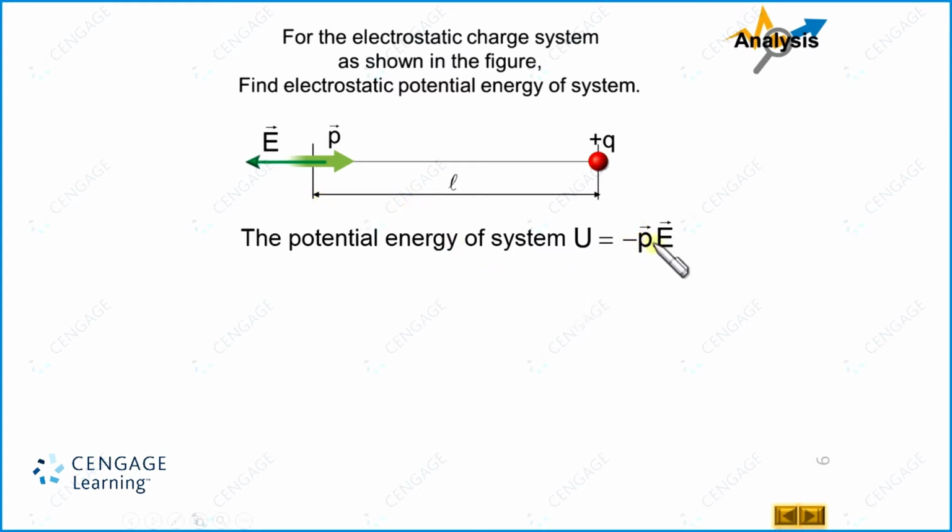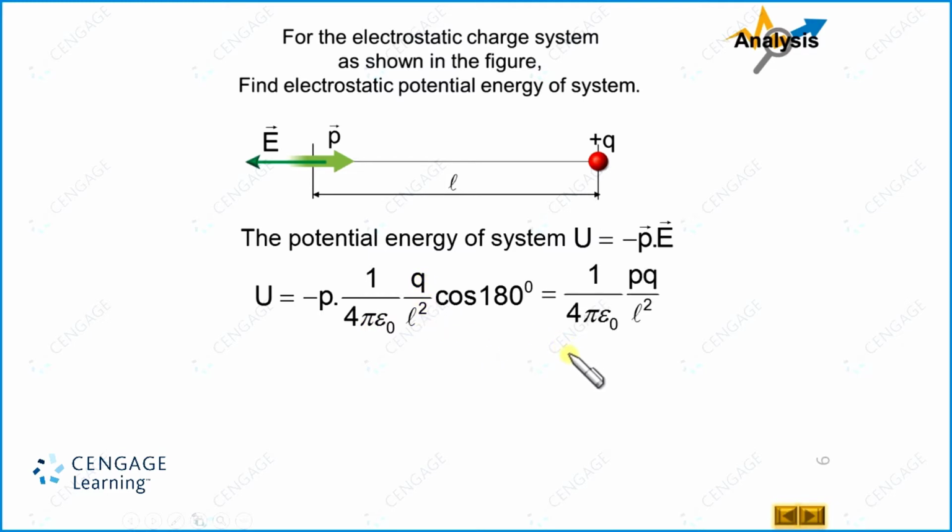So this dot product can be written as P multiplied by 1 upon 4 pi epsilon naught Q divided by L square cos 180 degrees, and a negative sign of course like this. Okay, and cos 180 degrees we know is equal to minus 1. That means minus will be positive, and this value will be equal to 1 upon 4 pi epsilon naught PQ divided by L square. Okay, let us move to the next illustration.